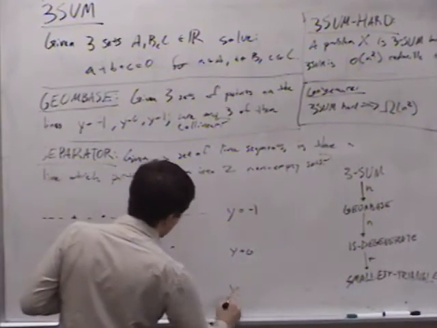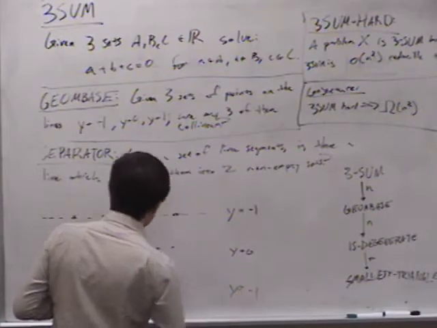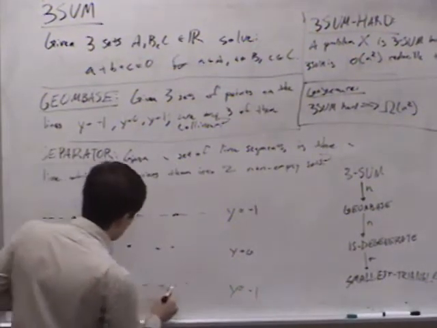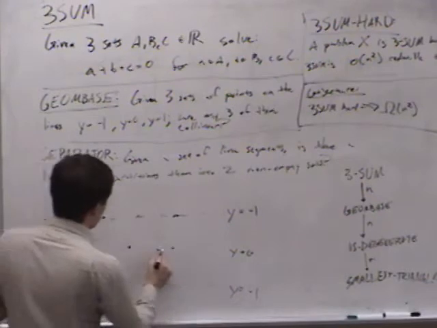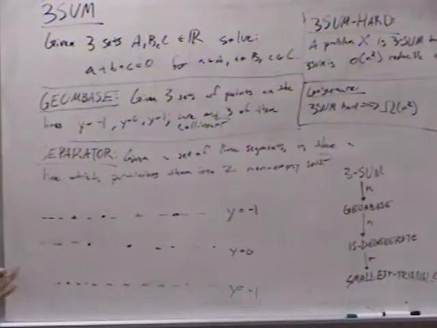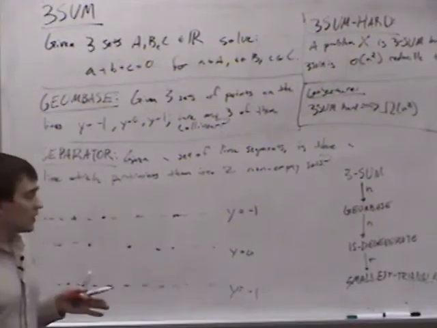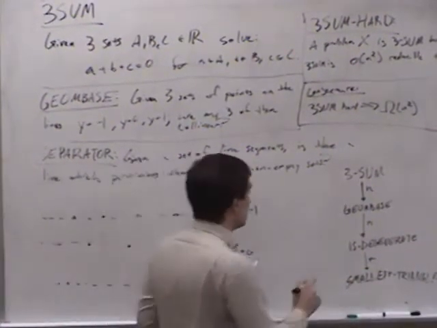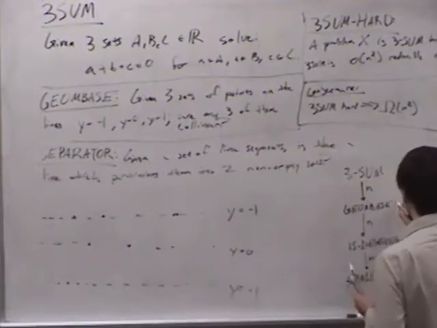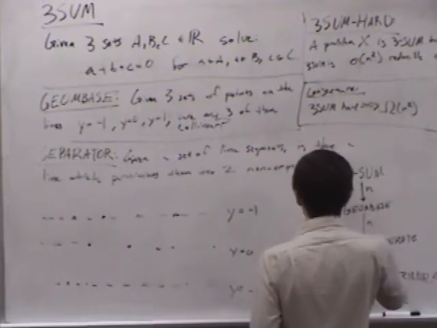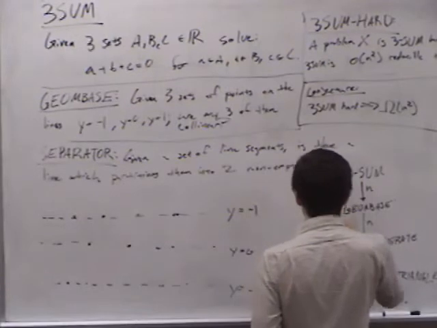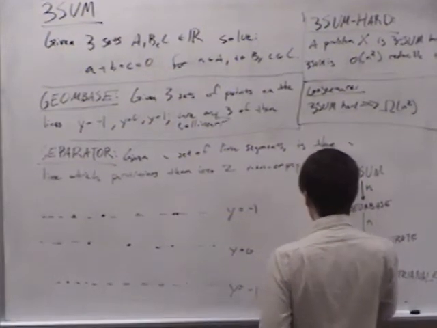And this will be the line y equals -1. So what we're going to do is modify this problem a little bit. This will not be a linear time reduction. It will be an order n log n reduction. So ultimately we reduce by n log n to separator.